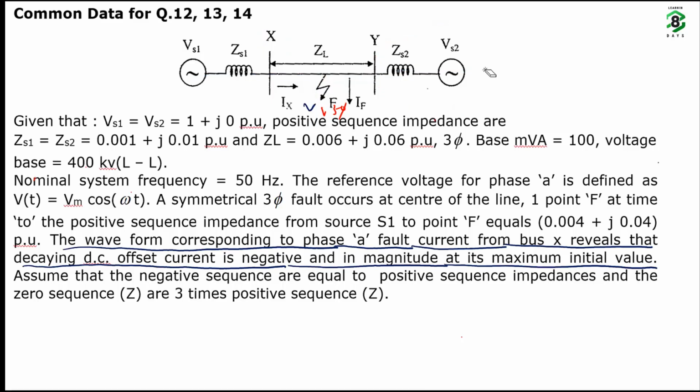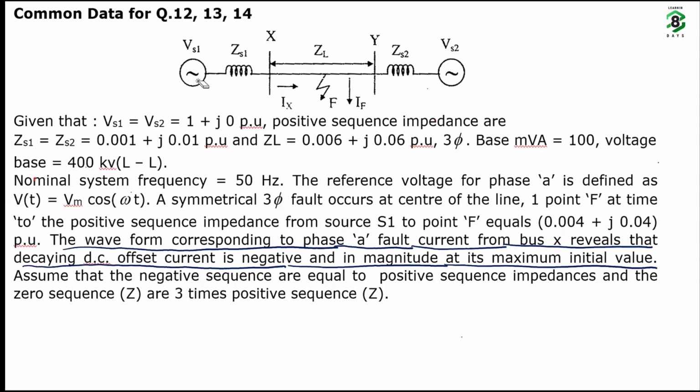There are two identical generators that are connected by a transmission line. Exactly in the middle of the transmission line, a three-phase short circuit fault occurred. Okay. Now, phase A will contribute some fault current, phase B will carry the fault current, phase C will carry the fault current, and of course all of them will be the same in magnitude, but their angles will change by 120 degrees. That we all know.